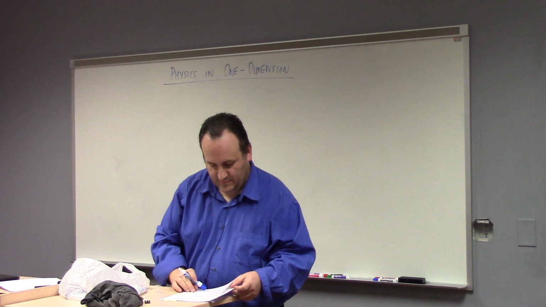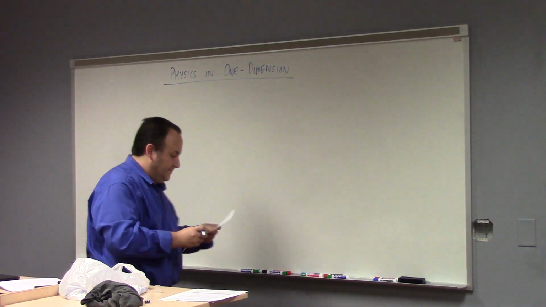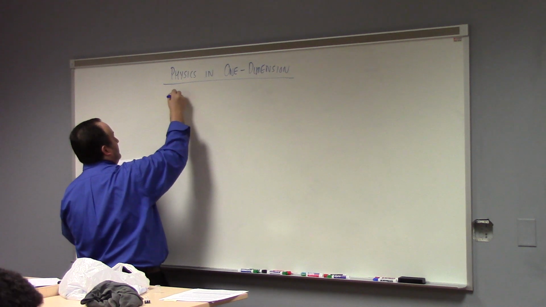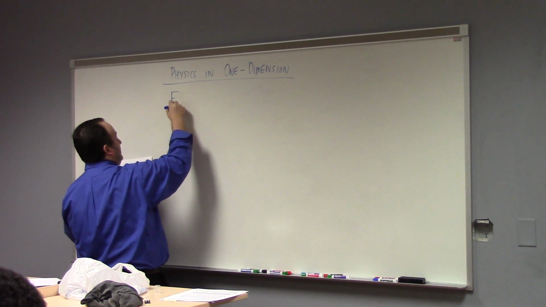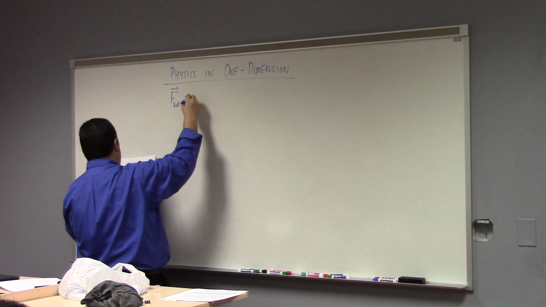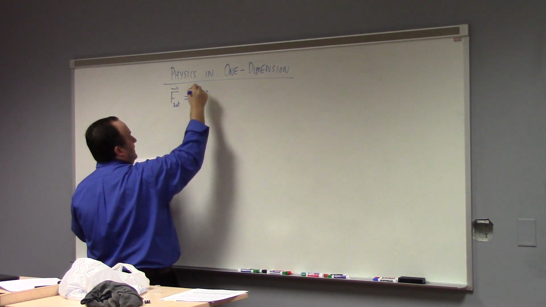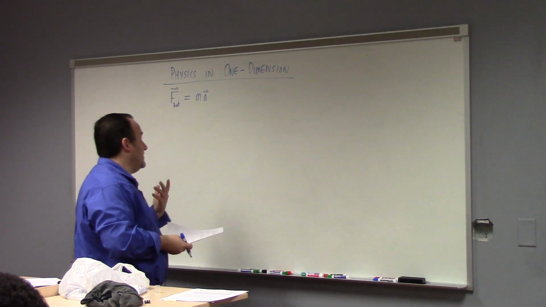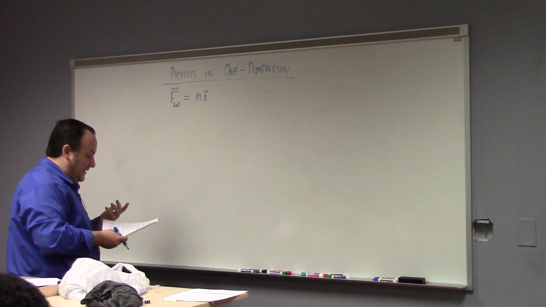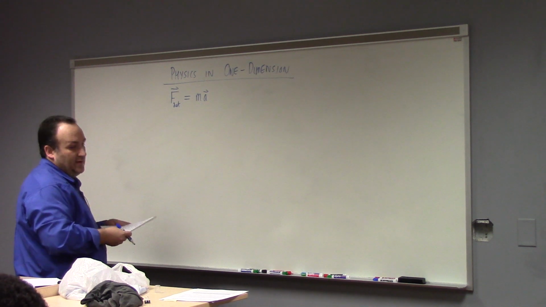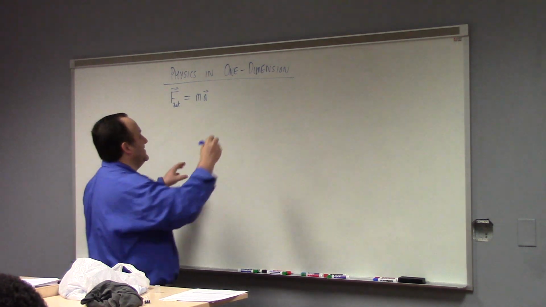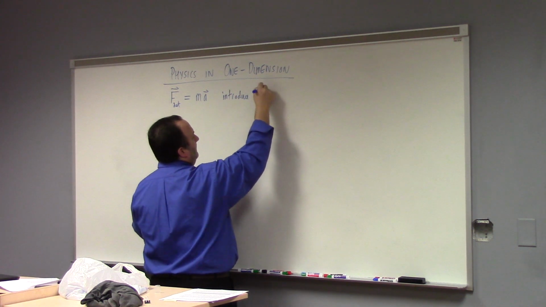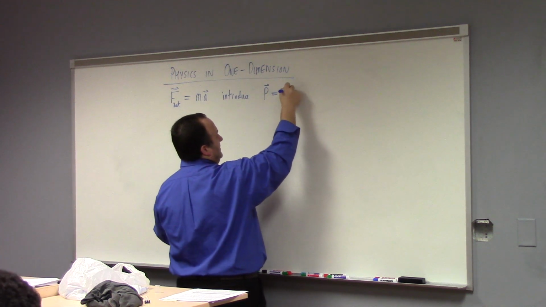As you know, the world is not one-dimensional, but generically speaking, the truth of the matter is that the net force is a vector, right? And that net force is equal to the mass times the acceleration, right? And these are vector statements which must be treated as such, as you have seen if you're in my physics course. But as you've not seen in my physics course, you can also introduce momentum, which is the mass times the velocity.